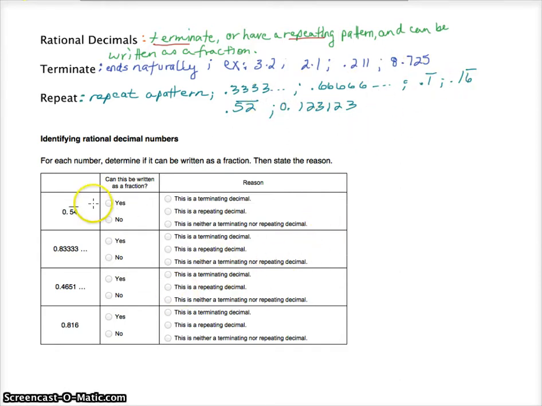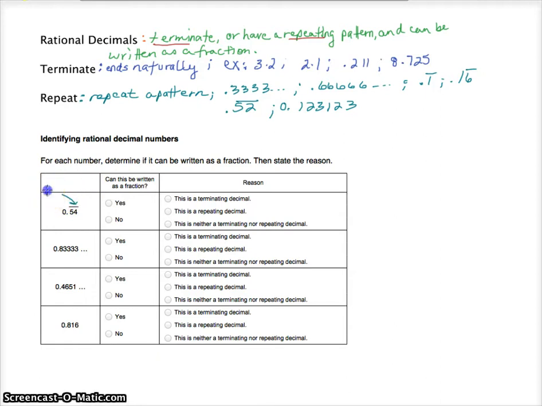So this example that we need to look at says for each number determine if it can be written as a fraction. So it wants to know if it follows one of these two requirements. Is it a rational number? And so when it asks can it be written as a fraction, we have the decimal 0.54 repeating. This line is our repeating bar.